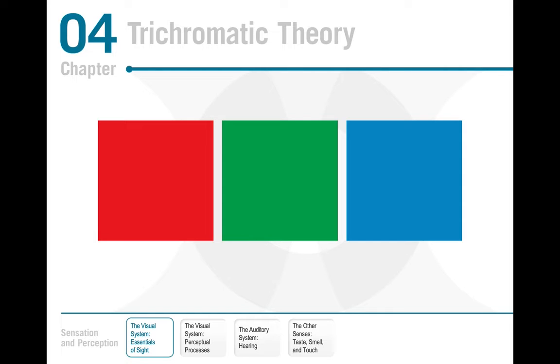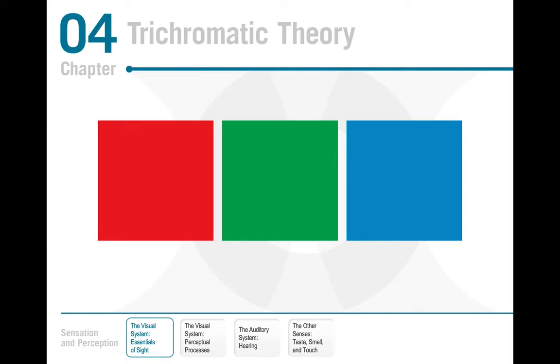Let's talk about two major theories of how we see the different colors of the rainbow. In the middle of the 19th century, parallels between additive color mixing and human color perception inspired what we now call the Trichromatic Theory of color vision.